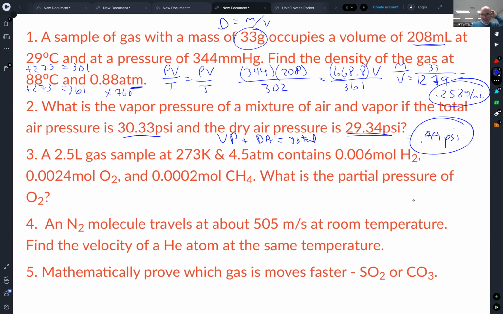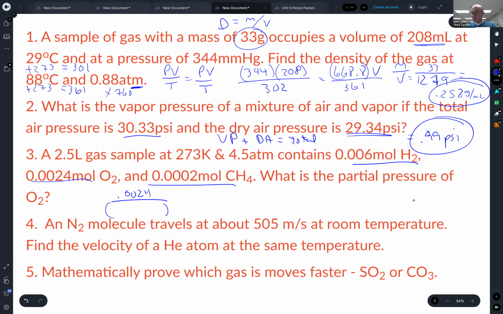Number 3. Okay, what is the partial pressure? So we've got all these mole amounts here. We're going to have to set up a mole ratio for the oxygen. So the oxygen is 0.0024 divided by, we're going to have to add up all of those pressures together. So I got 0.0024 plus 0.0002 plus 0.006, and I get 0.0086 as the total. This is going to give me my mole ratio.